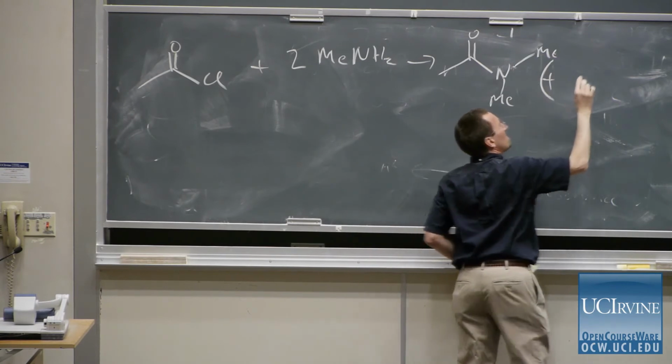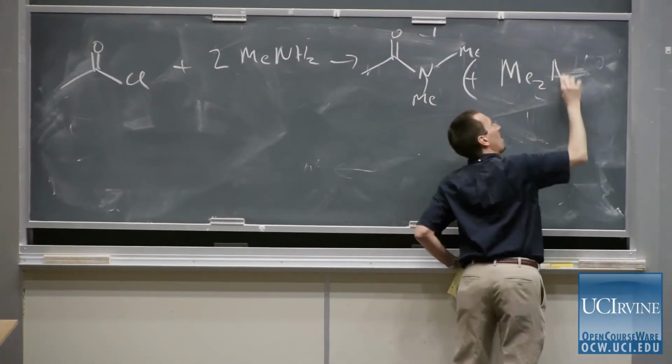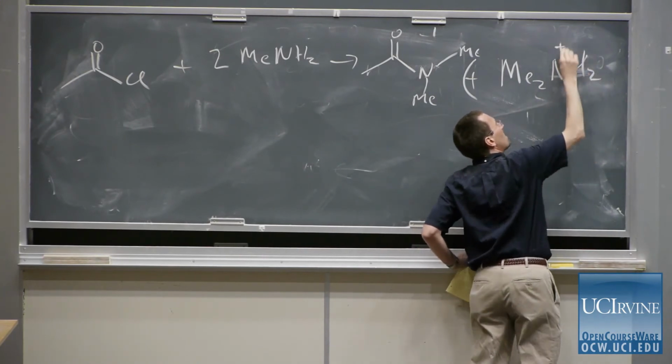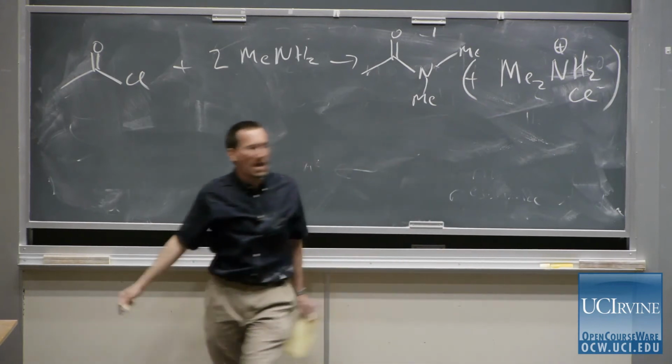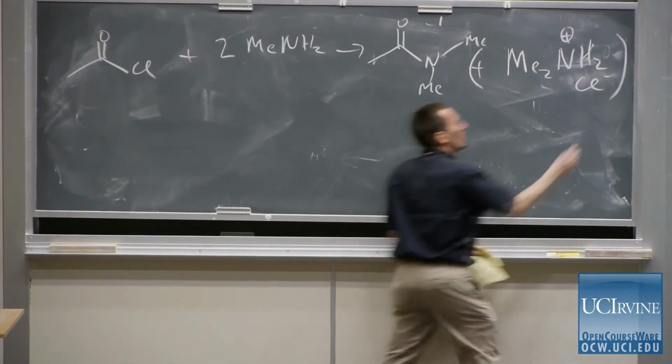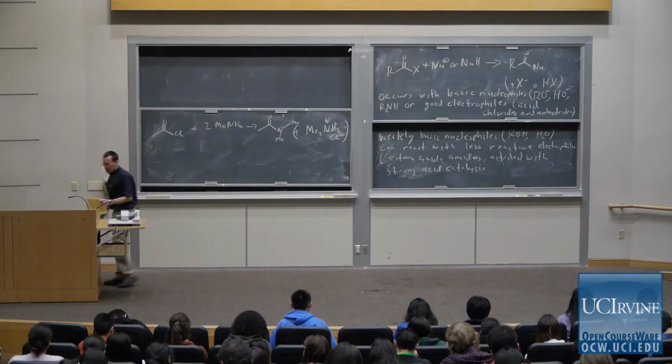And organic chemists are always bad about balancing equations, but I will balance it. And dimethyl ammonium chloride, dimethylamine hydrochloride, Me2NH2 plus Cl minus as a salt.